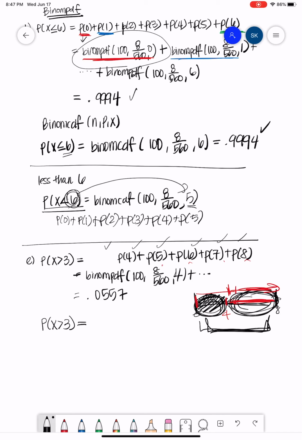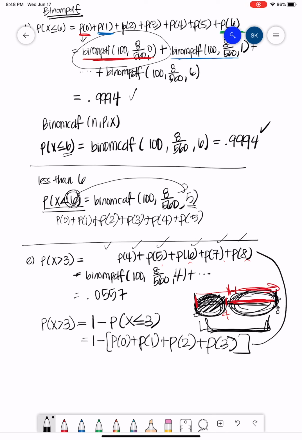Isn't that what that means? This is the same thing as one takeaway, that's P of 0, P of 1, P of 2, all the way up to 3. Then you basically get this part over here. Make sense? Okay, so that's another way to interpret it.